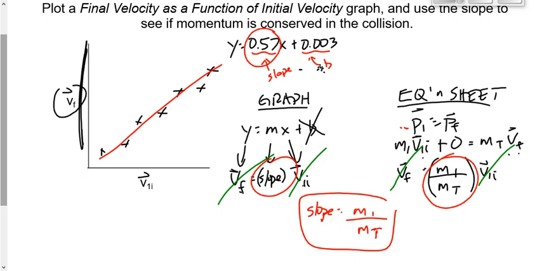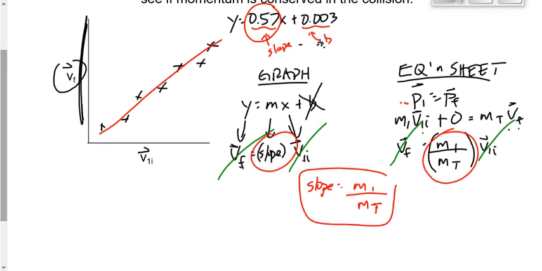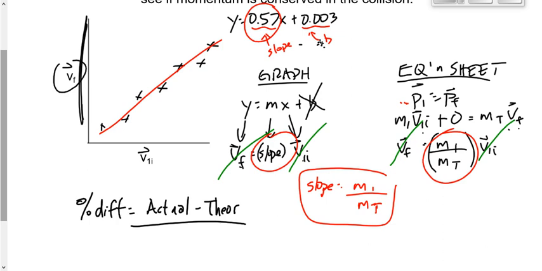Now realistically, it's not going to be exactly equal, right? So what we're going to do is calculate a percent difference, which is actual minus theoretical over theoretical times 100.